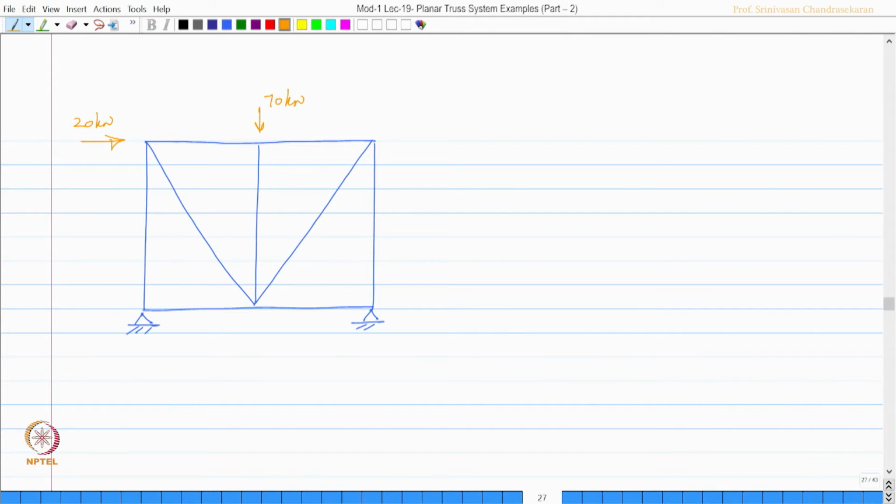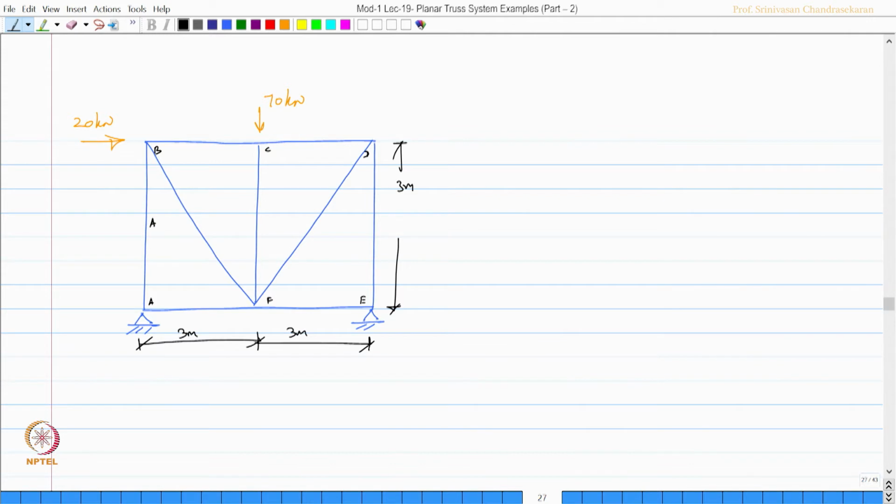Okay. The dimensions are given. This is 3 meter, 3 meter, this is also 3 meter. Okay. Let us mark the nodes A, B, C, D, E, F. Okay.